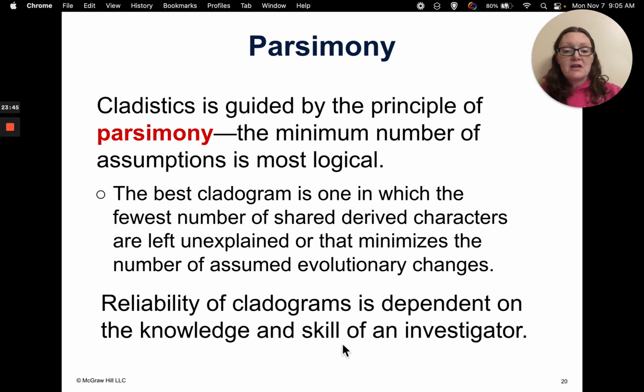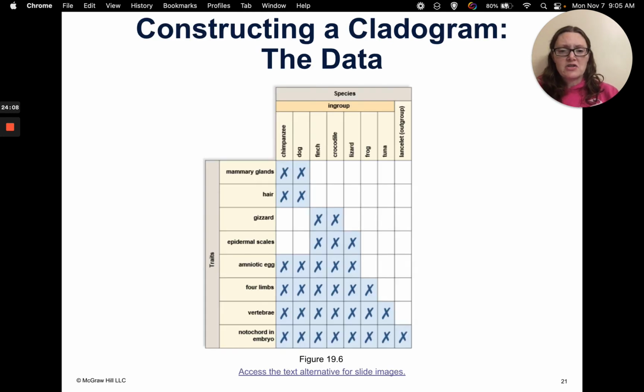The reliability of cladograms is dependent on the knowledge and skill of the investigator. So really, there's a lot up for interpretation here. It's doing its best to make those assumptions based off of what we see, what we know, what information we have available, and what the fossil record is showing us.